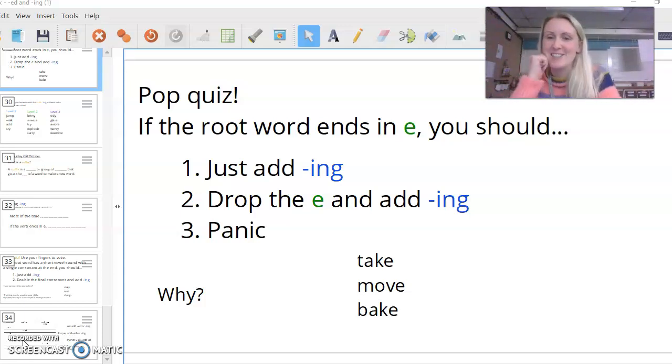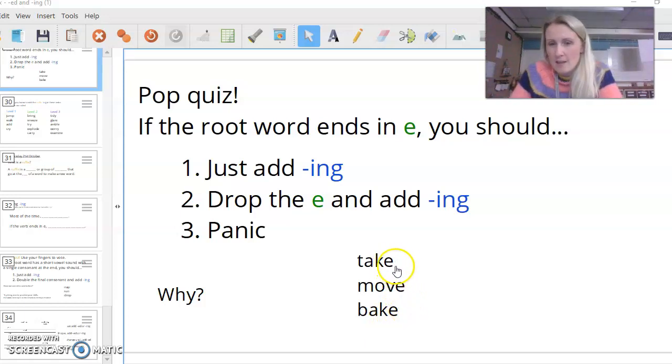What do you need to do if the root word ends with E? Have a think now. Which one are you going to go with? Are you going to go 1, 2, or 3? Have a look at these words at the bottom that we've got here as well. Take, move, bake.